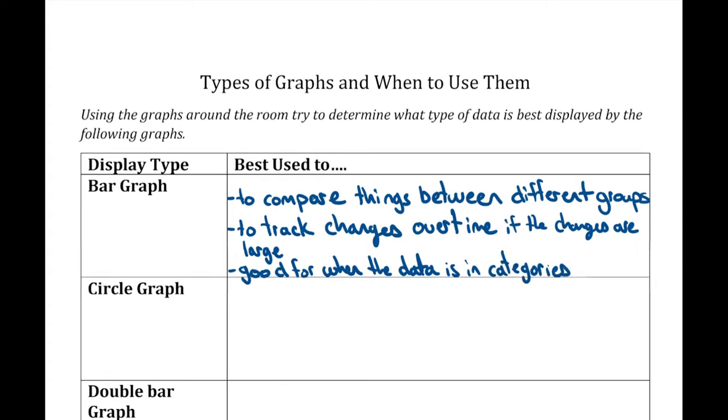If you go back and take a look at each one, you'll see that we do have categories of data, and we're looking at different values, but specifically, we're looking at categories. We're looking at large companies and the revenue of each company. Again, the categories, looking at years for change over time, and looking at the values, but they are large changes, so that's why the bar graph tends to be relatively good.